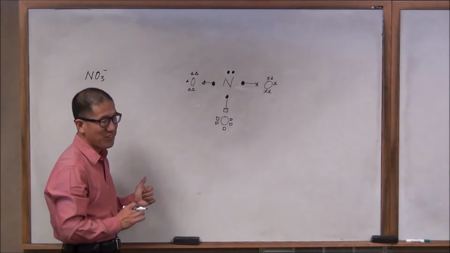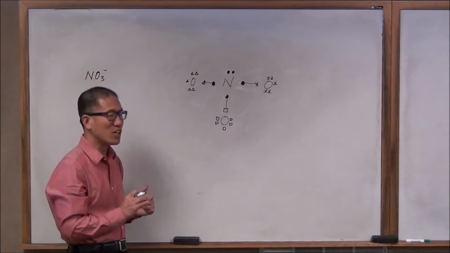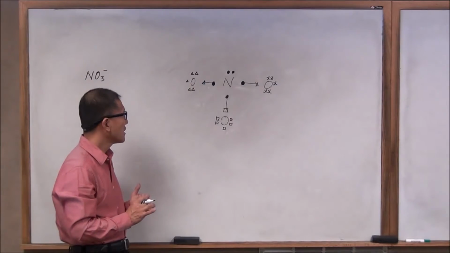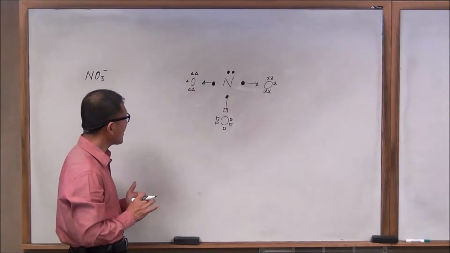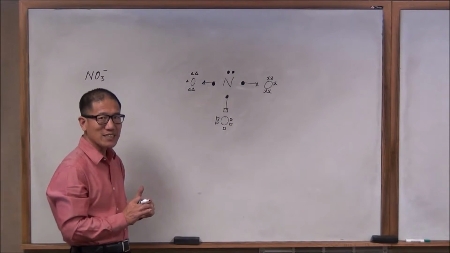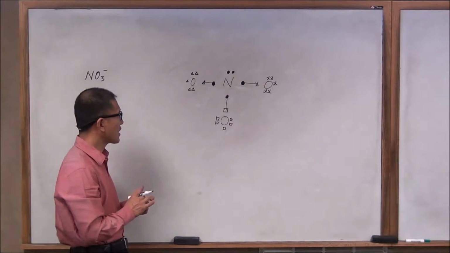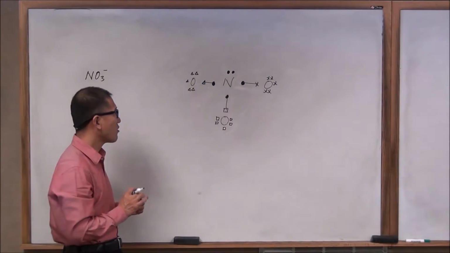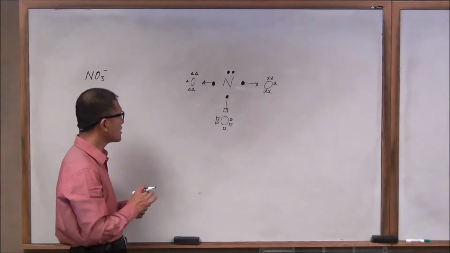And then remember one thing. Nitrate ion has a -1 charge, which means it has 1 additional electron. As a general rule, we put down the additional electron on the most electronegative atom in the structure. In this case, oxygen will be the one, but we have 3 oxygen atoms in this structure.